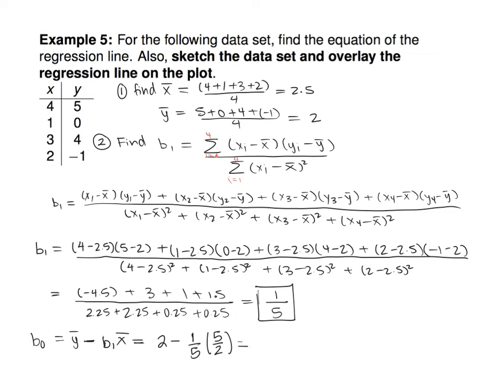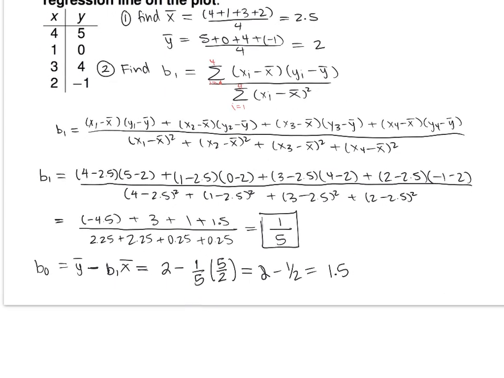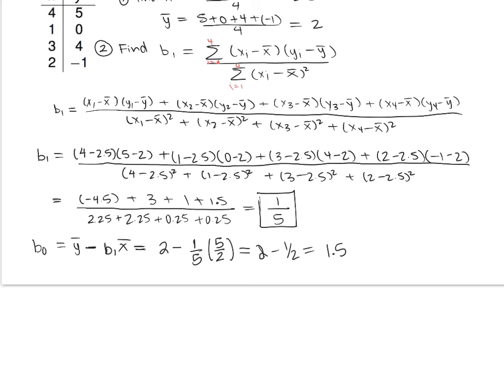So this is the same thing as 2 minus a half, which is 1.5 or 3 halves. So that tells us that our regression line, y hat, is 1/5 x plus 1.5.